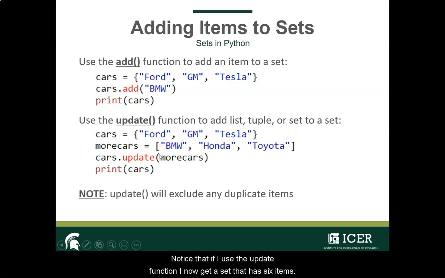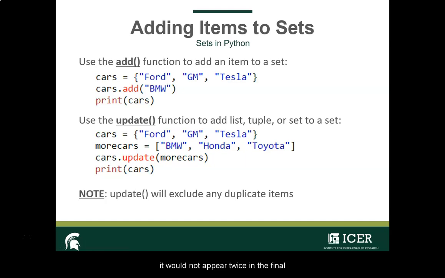Notice that if I use the update function, I now get a set that has 6 items. The update will exclude any duplicate items. So if BMW had been present in both cars and more cars, it would not appear twice in the final cars variable.